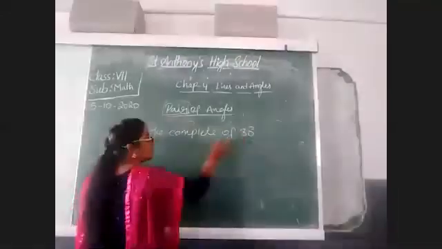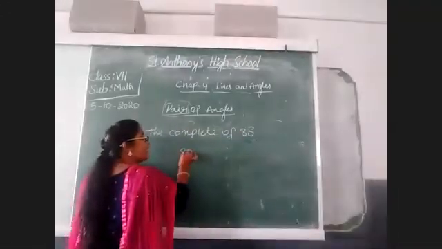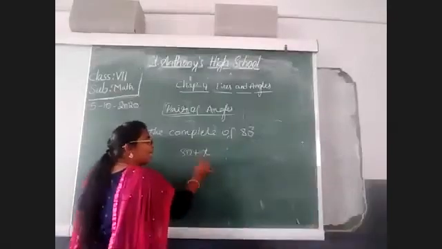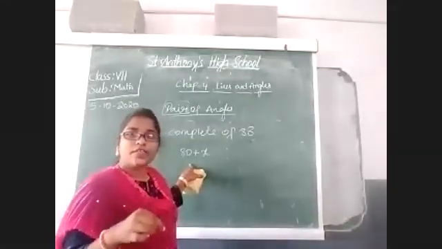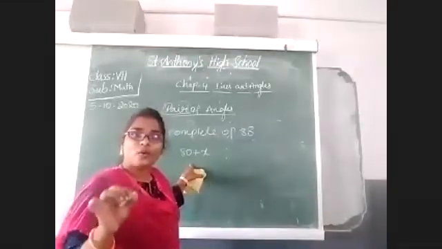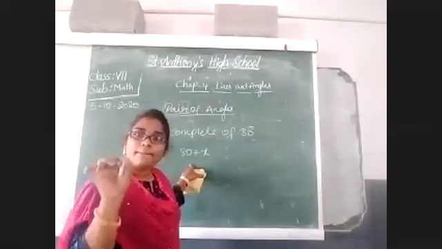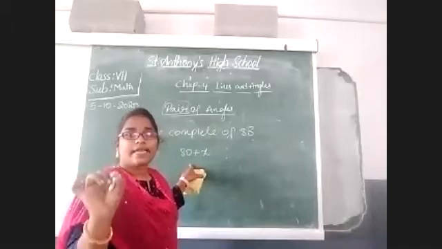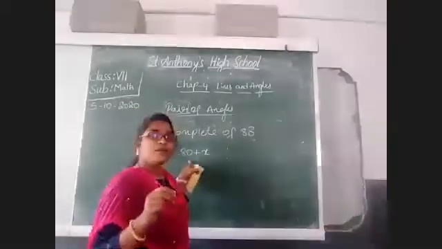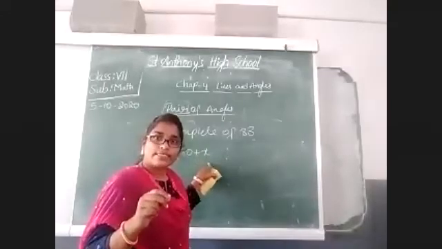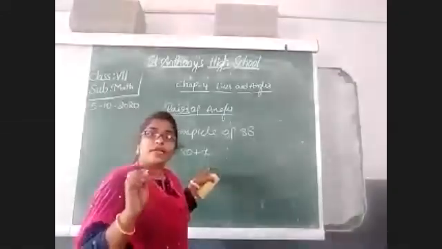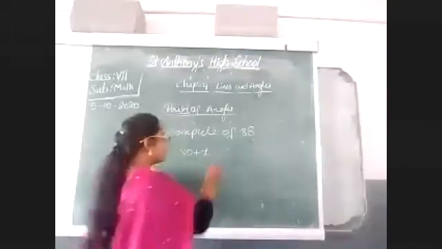One as 80 and one as x. Now, if we add these both angles, how much should we get? According to the definition, if we add any two angles, we should get 90.